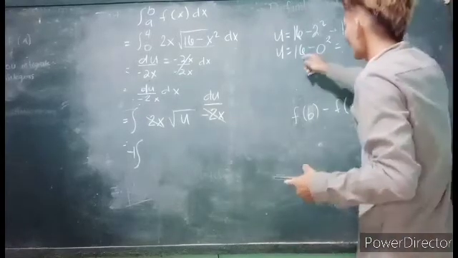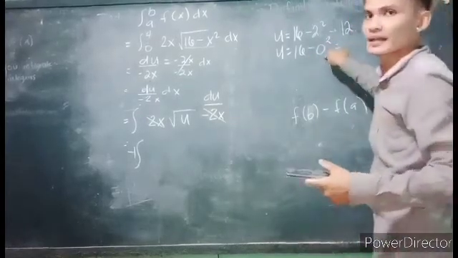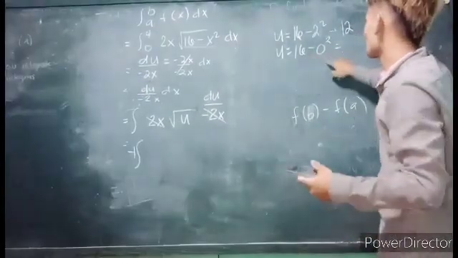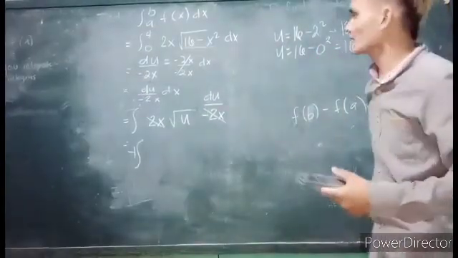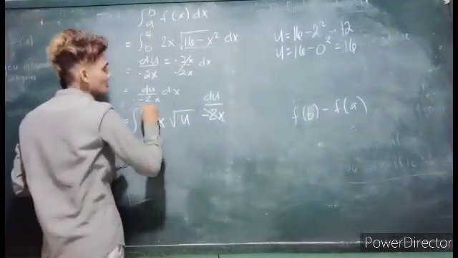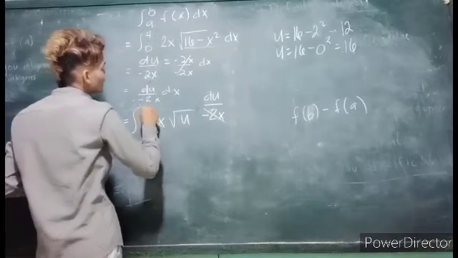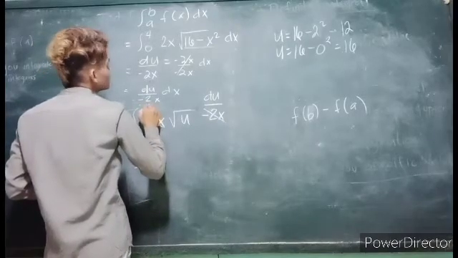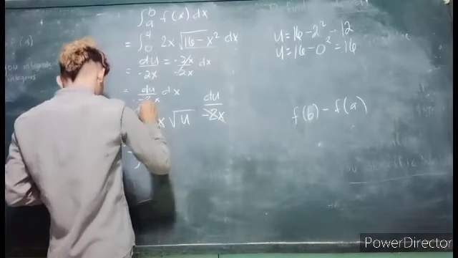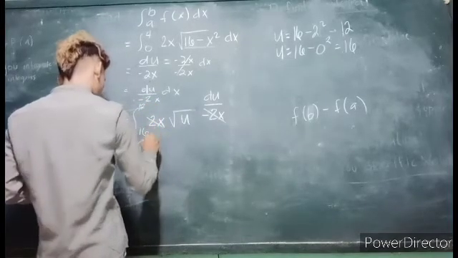Then for 0, we know that anything times 0 is 0. So 0 times 0 is 0, and 16 minus 0 equals 16. So our new limit of integration is, the upper is 12 and our lower is 16.